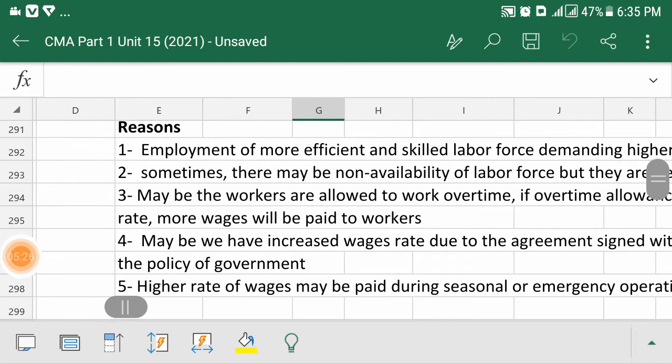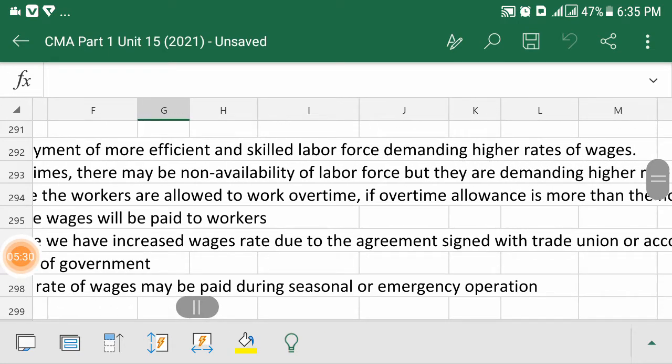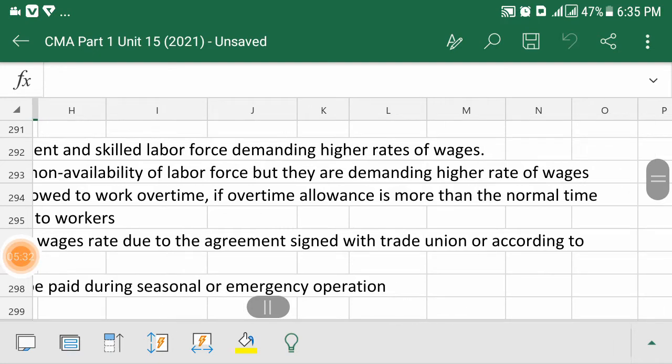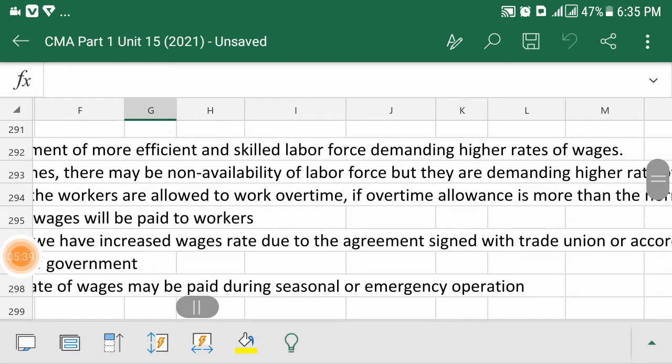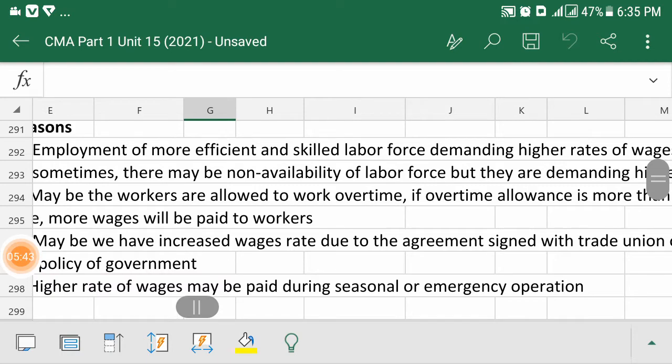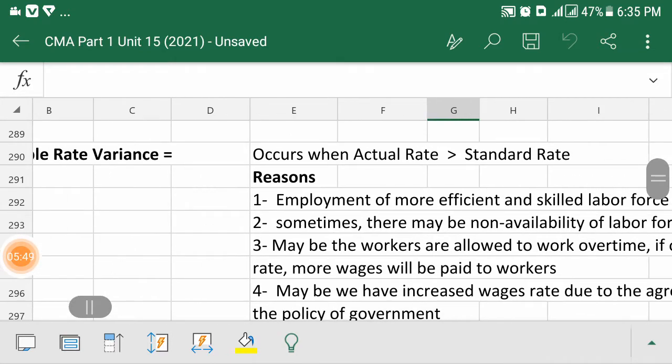Another is that sometimes there may be non-availability of labor force, and they demand a high rate of wages. Suppose you need labor immediately, but there is no labor supply in the market. So definitely you will pay someone more than the regular rate. So that could be the reason for the unfavorable variance.